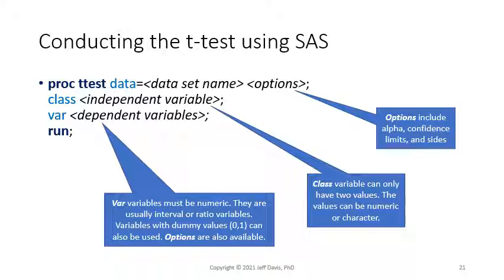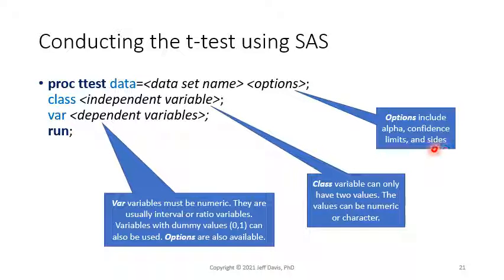So in SAS, you're going to run all this in SAS. You're going to use the Proc Ttest. So Proc Ttest data equals, you have the data set name, and then you have various options out here. Like we did for chapter 8, we can have an alpha value, or we can tell SAS to give us the confidence limits, and tell SAS if it's a one-sided or two-sided test, or a one-tailed and two-tailed test.